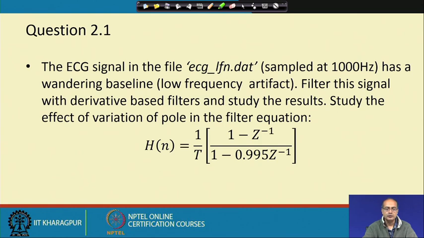So, we need to use a derivative based filter to remove this artifact, and we need to study how successful the derivative based filter is.